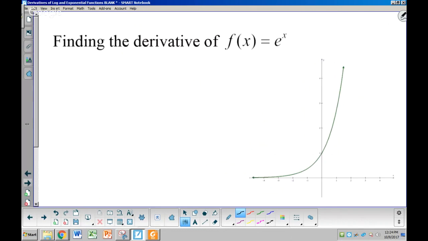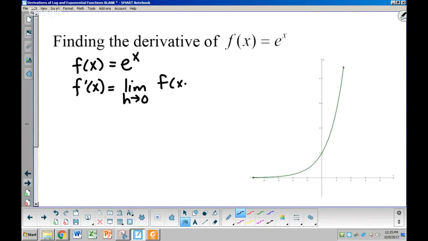Now we're going to find the derivative of e to the x. This one's my favorite function, and we're about to find out why. So if I say f of x is equal to e to the x, going back to our limit language, what's f prime of x? It's equal to the limit as h approaches 0 of, remember, f of x plus h minus f of x all over h.